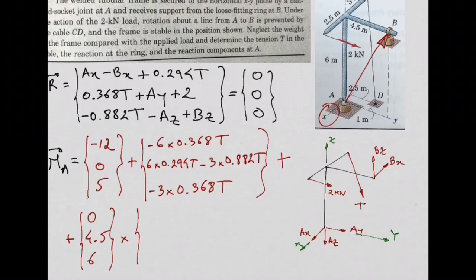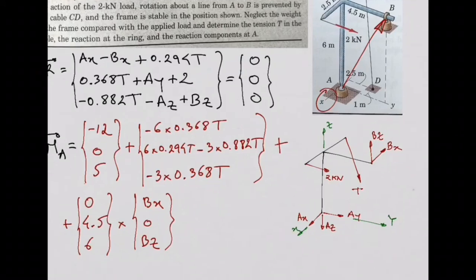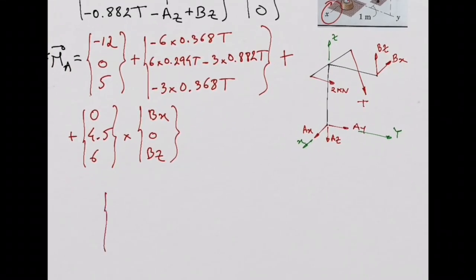The force vector is very quick: Bx, 0, Bz. Correct? So let's do this cross product. We have 4.5 Bz. Then we have 6 Bx. And then we have minus 4.5 Bx.